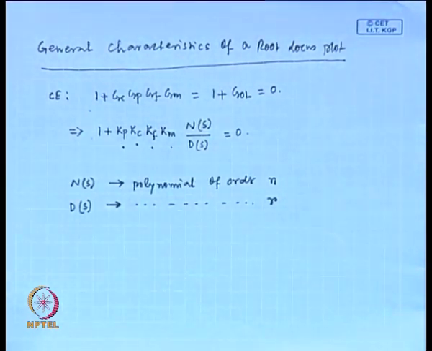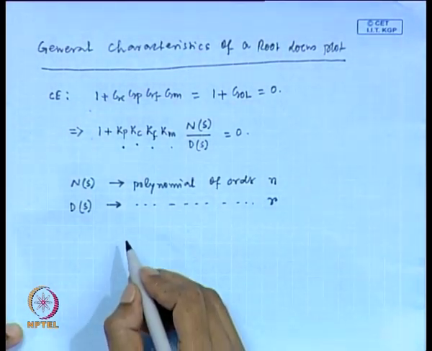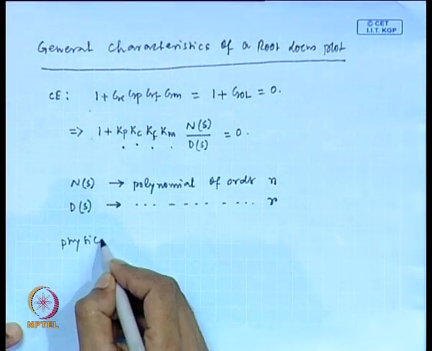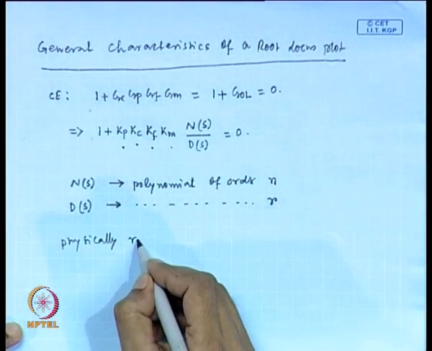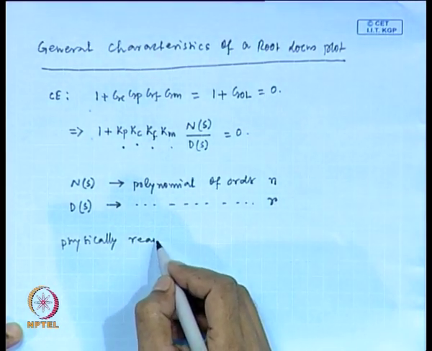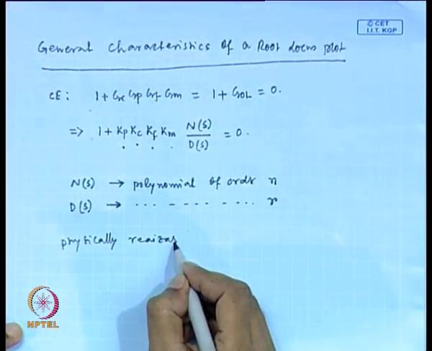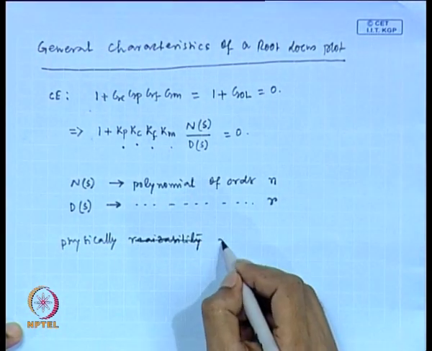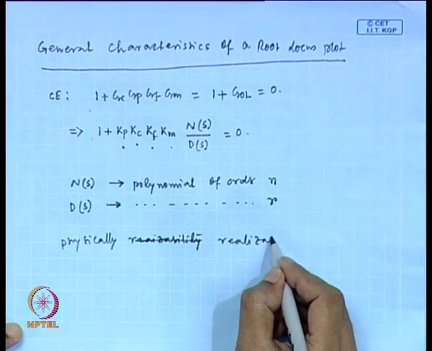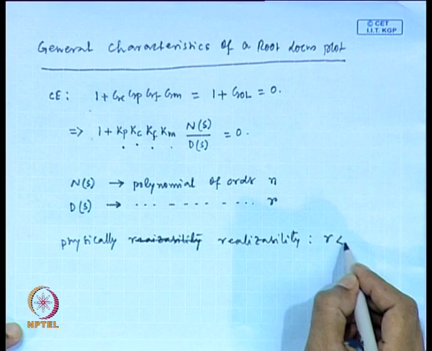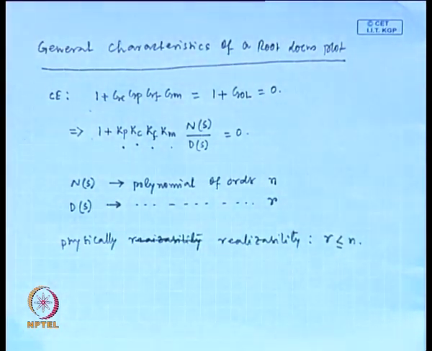Now, for any physically realizable system, r should be less than or equal to n.